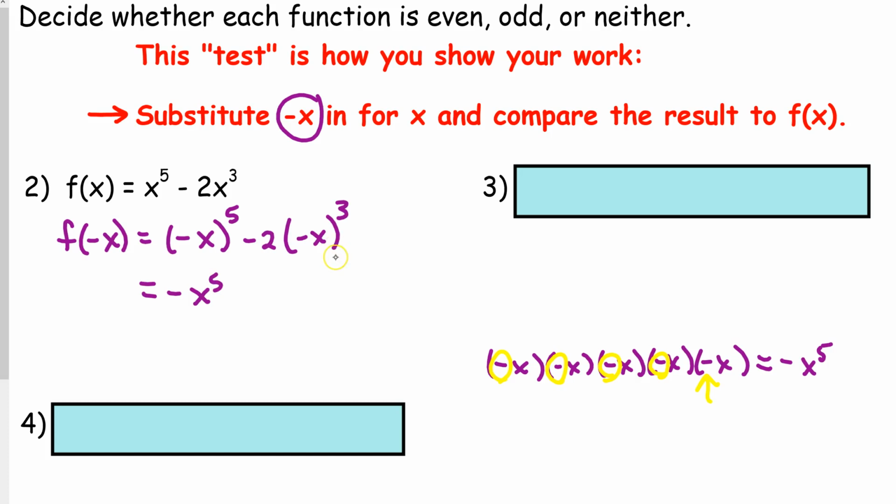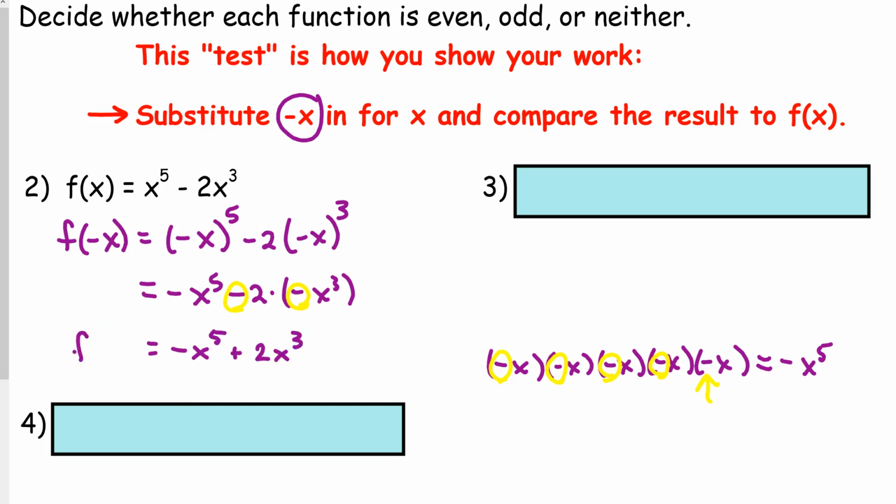And then the same thing happens with negative x to the 3rd power. It's the same as the opposite of x to the 3rd power. Hopefully you can tell the difference between if I have parentheses around the outside or parentheses around the inside. So then let's multiply this negative by this negative, and we have the opposite of x to the 5th plus 2x cubed.